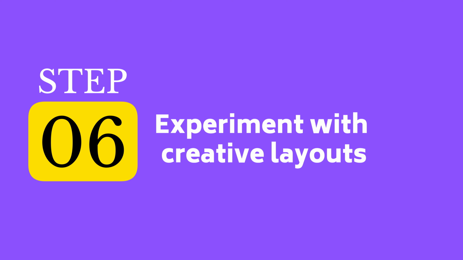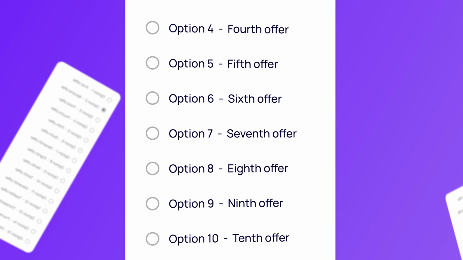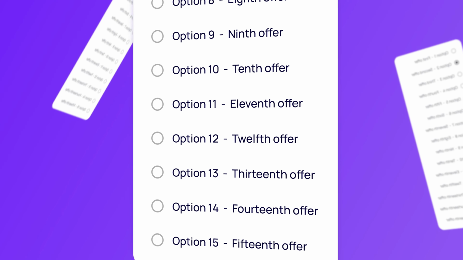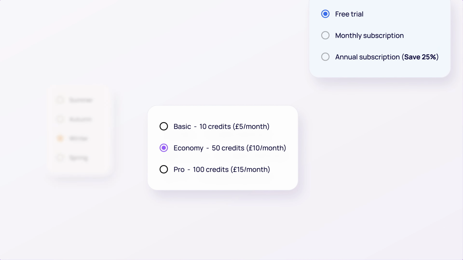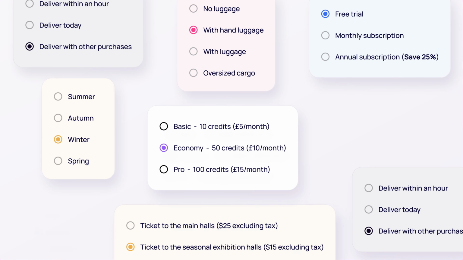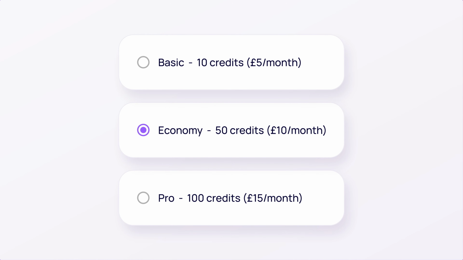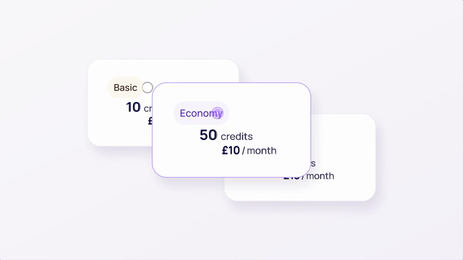The traditional approach of a vertical list of text-based options can sometimes come across as bland and unengaging. The standard layout offers limited opportunities for visual differentiation, and while it provides clarity, it doesn't always contribute to a memorable user experience. What if we could break free from the constraints of the typical list of options layout? An exciting alternative is to reimagine them as selectable cards.